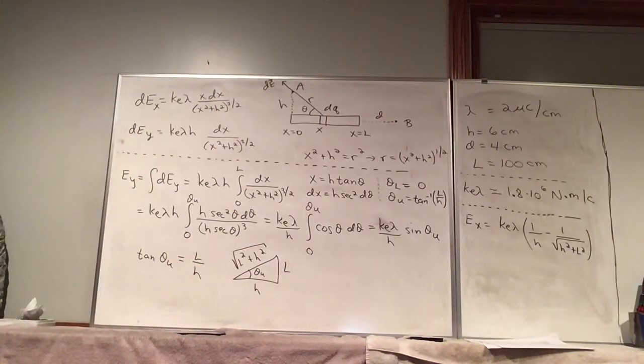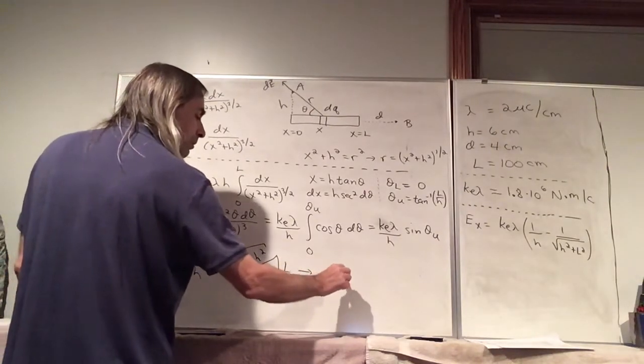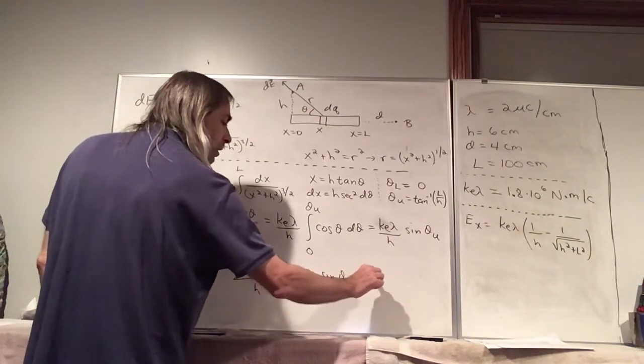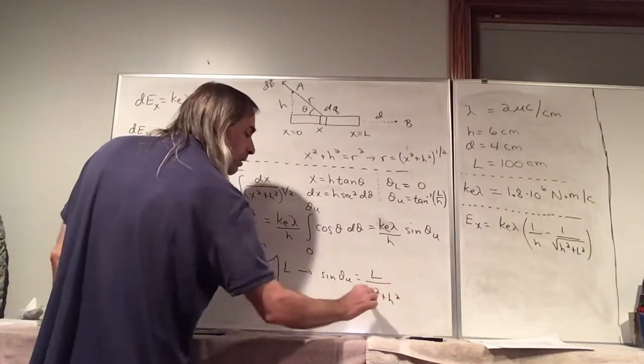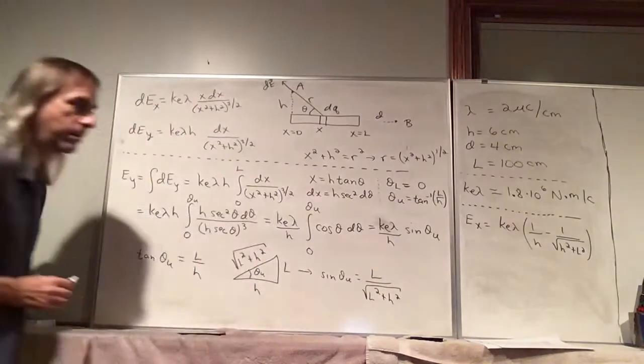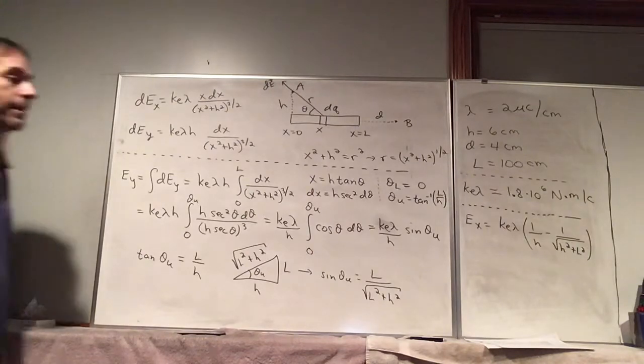And so sine of theta u would be L over the square root of L squared plus h squared. And so that's it. Let's write that here.